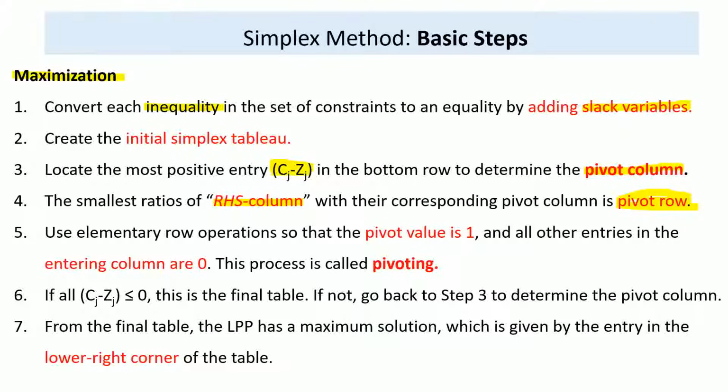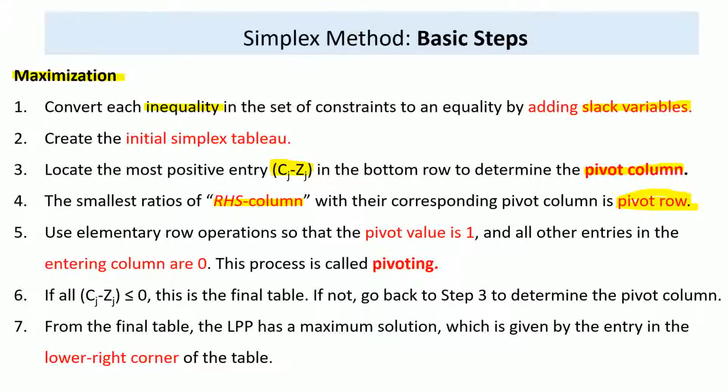And using other elementary row operations, we have to make the other values of that pivot column 0. That means we have to make the pivot value 1 and the other numbers 0 using different matrix operations. So this is what we call pivoting.